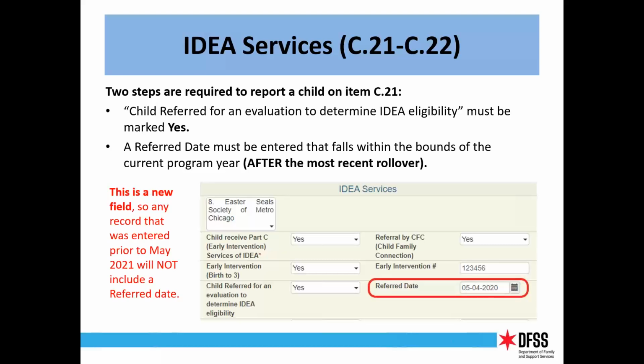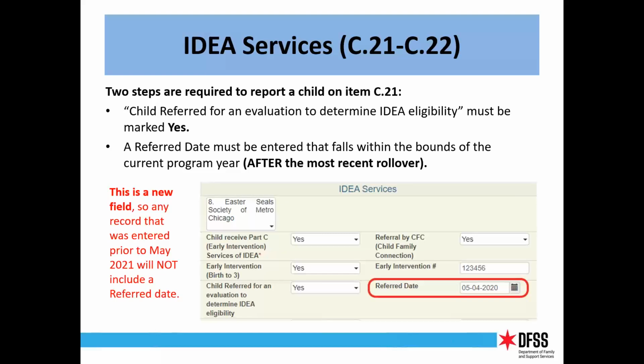So two steps are required to report a child on item C21. You need to do two things correctly in order for that child to show up on the report. The first one is where it says child is referred for an evaluation to determine IDEA eligibility. That must be marked yes. That part makes sense, and most people have been doing that.